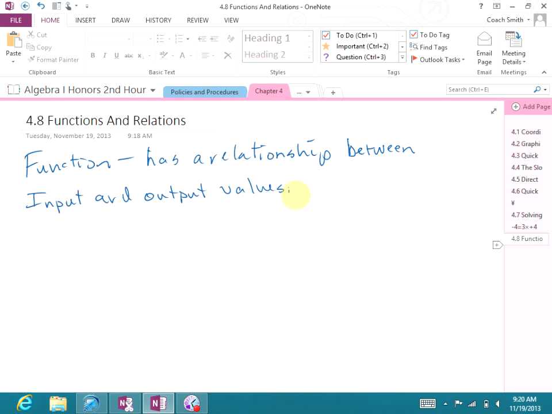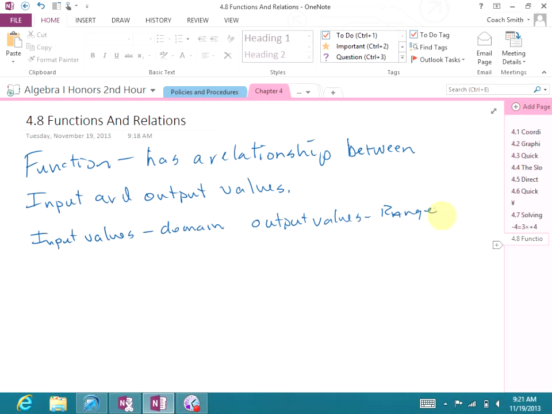Now remember, the input values are called the domain, and the output values are the range.